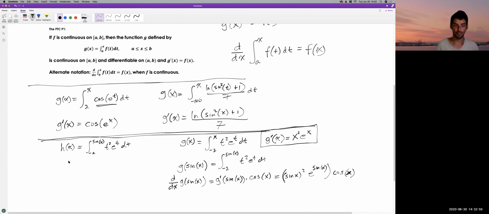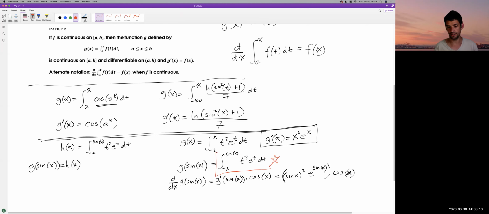Okay. But notice one more thing. G of sine of x is equal to h of x. All right, look at what I wrote right here. This expression on the right that I've got the star by is exactly the definition of h. And so the derivative of h is just the derivative of g of sine of x.